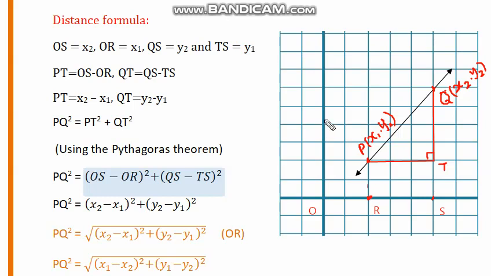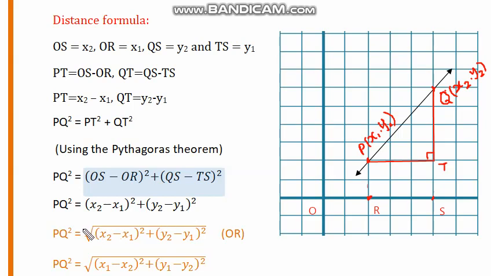Next we need to find the length of PQ by using the Pythagoras theorem. You know that in a right angle triangle the square of the hypotenuse is equal to the sum of squares of the other two sides. So PQ square equals PT square plus QT square from the diagram. PT is OS minus OR and QT is QS minus TS, or directly you can substitute x2 minus x1 the whole square, and QT square is y2 minus y1 the whole square.